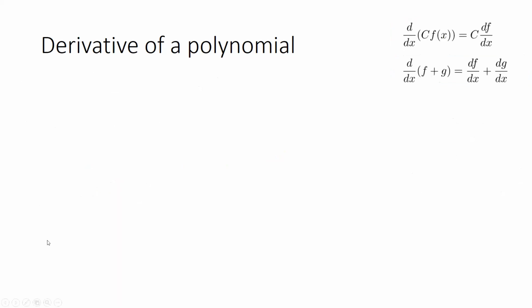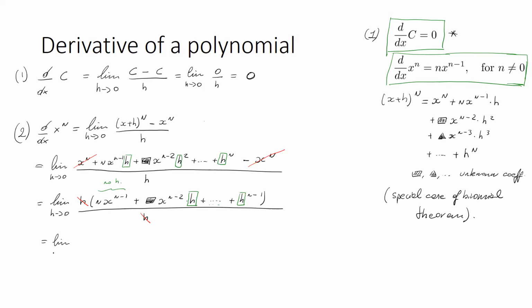So let's take advantage of that and write our limit as the limit as h goes to 0 of the first term, n times x^(n-1), plus the limit as h goes to 0 of all the rest, so all the terms with the h's. To make that a bit clearer, I'm going to factor out that h.